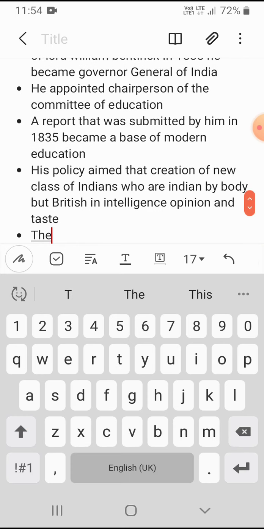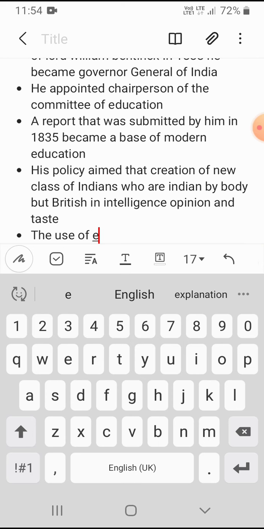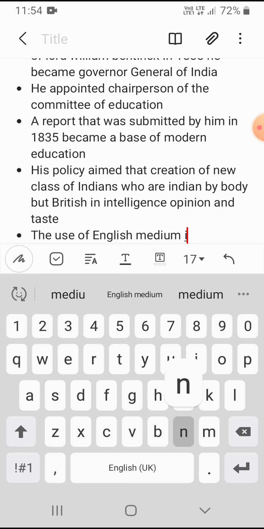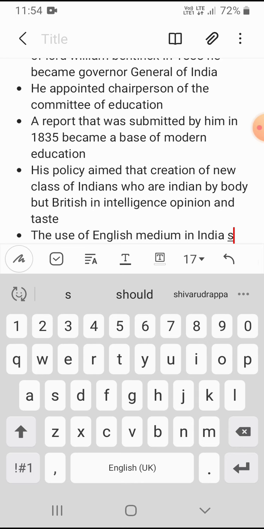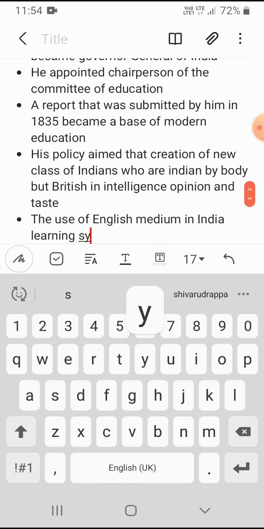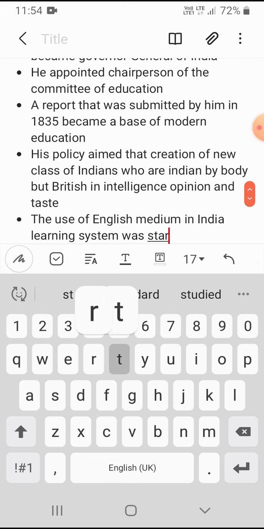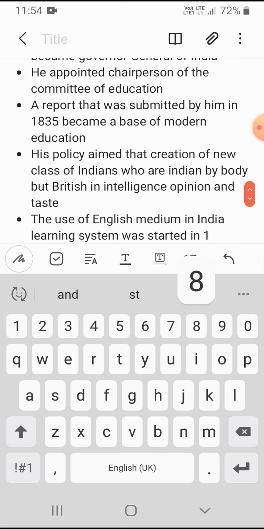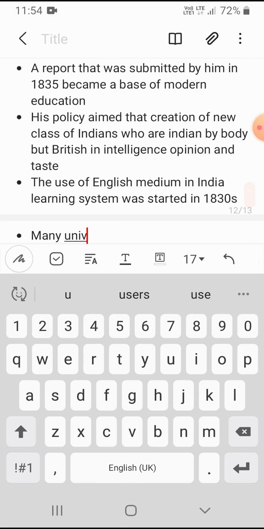So afterwards, the use of English medium in the Indian learning system was started in the 1830s. And many universities were established.